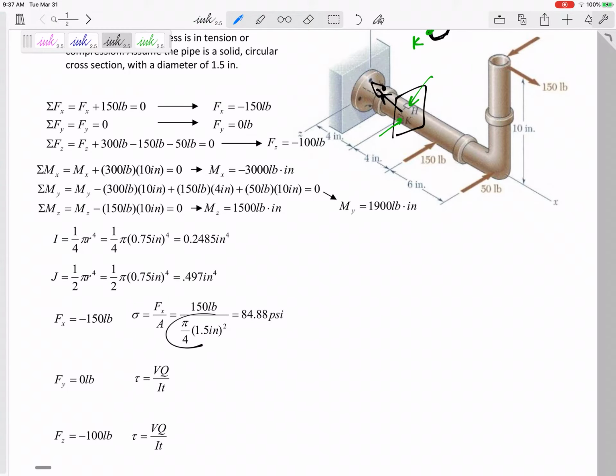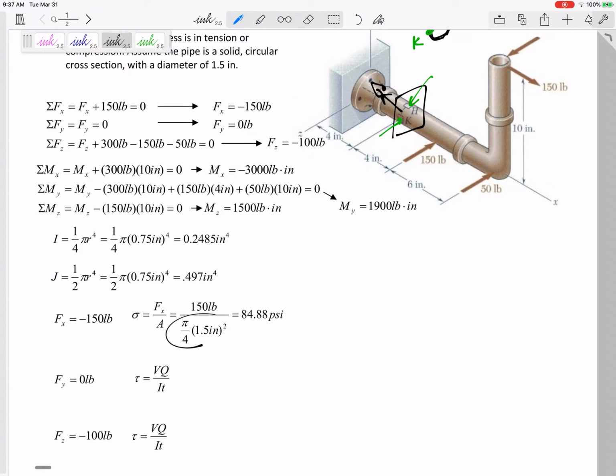All right, now let's look at Fy. Fy is 0, so I didn't have to look at it too much. Now let's look at Fz of negative 100.